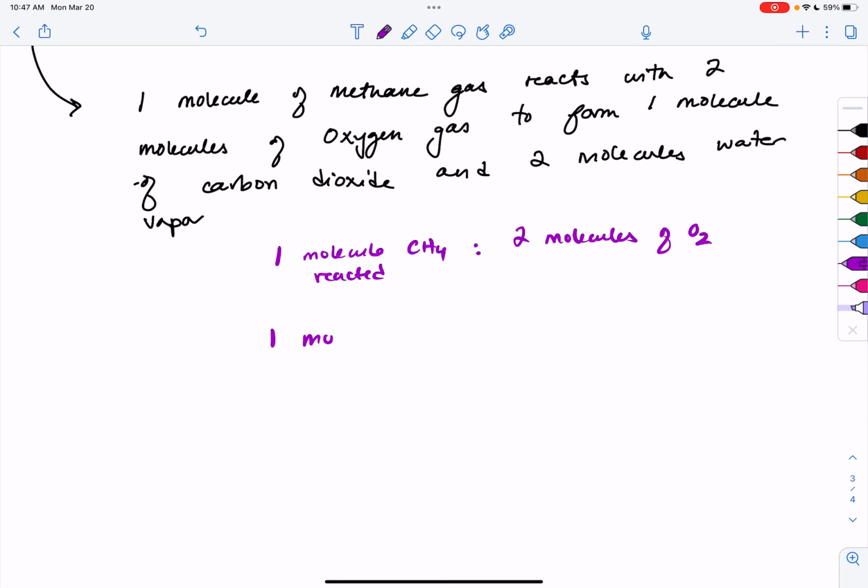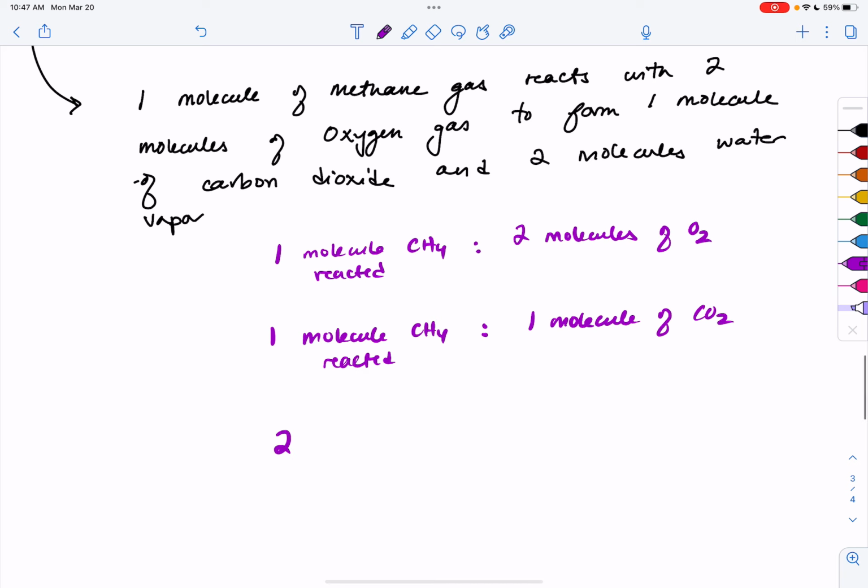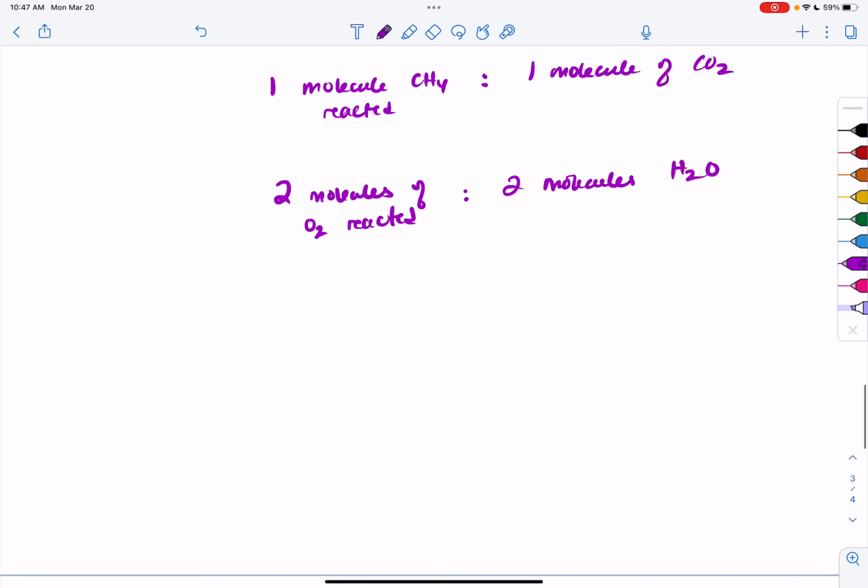I can also say that for 1 molecule of CH4 reacted, I generate 1 molecule of carbon dioxide. I can also say for every 2 molecules of oxygen reacted, I make 2 molecules of water, and so on and so forth.